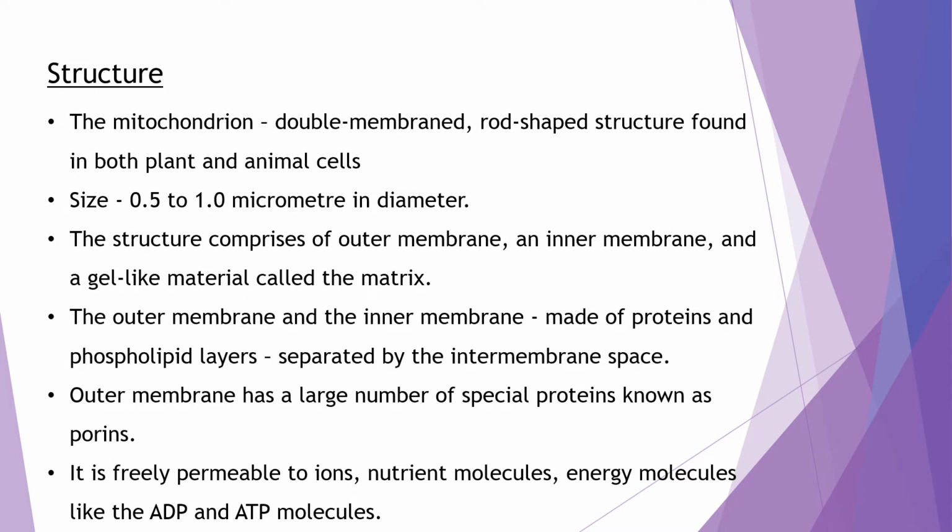Talking about the diameter of a mitochondrion, it will generally be in the range of 0.5 to 1 micrometer, and it will comprise three components, namely the outer membrane, the inner membrane, and the matrix. Outer membrane and inner membrane are membranes, whereas matrix is a gel-like material that fills this cell organelle.